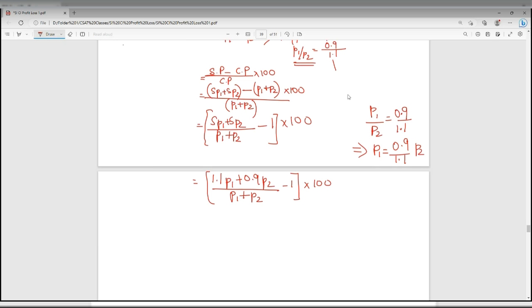I would substitute the value of P1 in both the numerator and denominator.